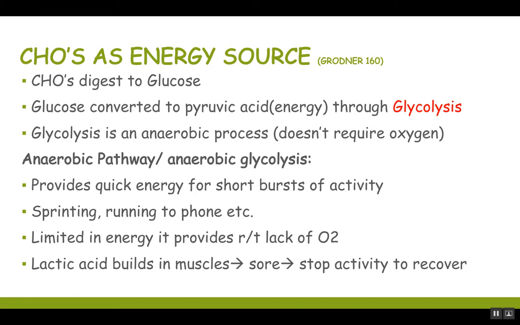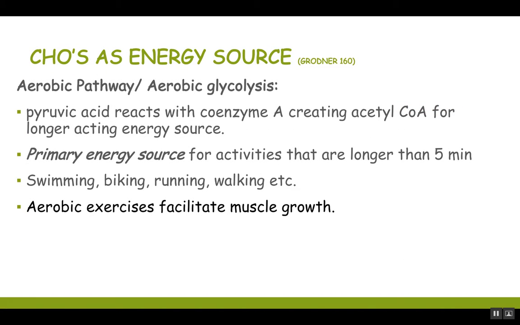What happens during this anaerobic process is that lactic acid builds up in the muscles, your muscles get sore, and then you have to stop the activity, which is why it's only good for short periods of time. After that anaerobic process, we have an aerobic pathway, or aerobic glycolysis. During that, pyruvic acid reacts with what's called coenzyme A, and that creates acetyl coenzyme A for longer acting energy sources.